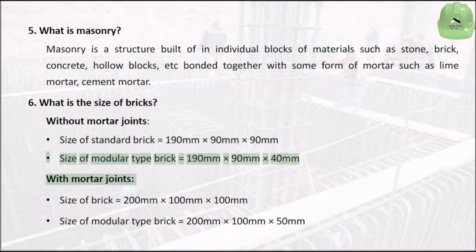Size of modular type brick equals 190 mm times 90 mm times 40 mm. With mortar joints: size of brick equals 200 mm times 100 mm times 100 mm. Size of modular type brick equals 200 mm times 100 mm times 50 mm.